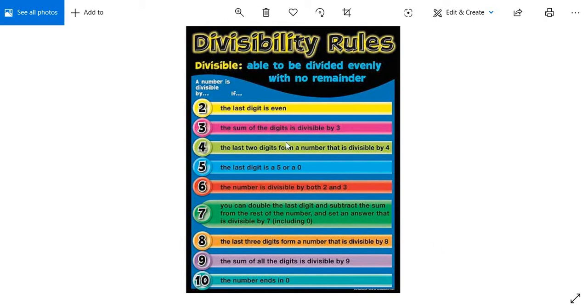Now, you can memorize this if you want, but I have a better way of getting familiar with divisibility rules, and that is what I want to discuss today.